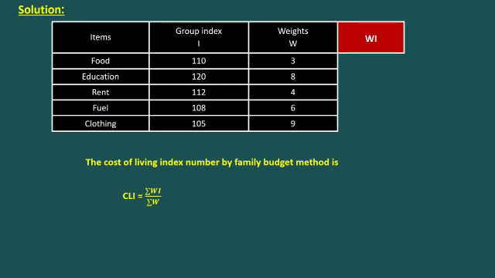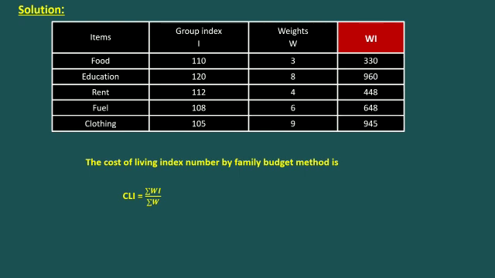Firstly, for food, that is the first item, we have weight as 3 and group index value is 110. So when we multiply 3 and 110, we get the answer of WI as 330, and so on for all the items.